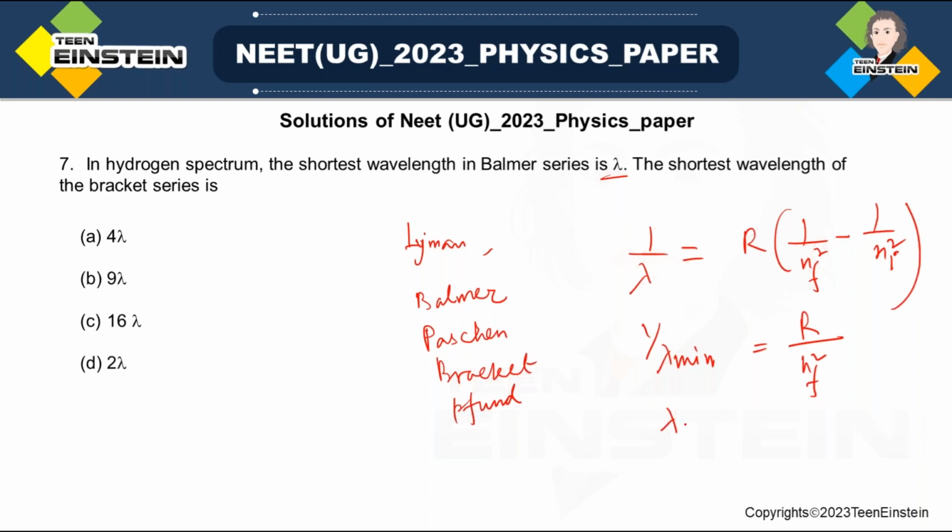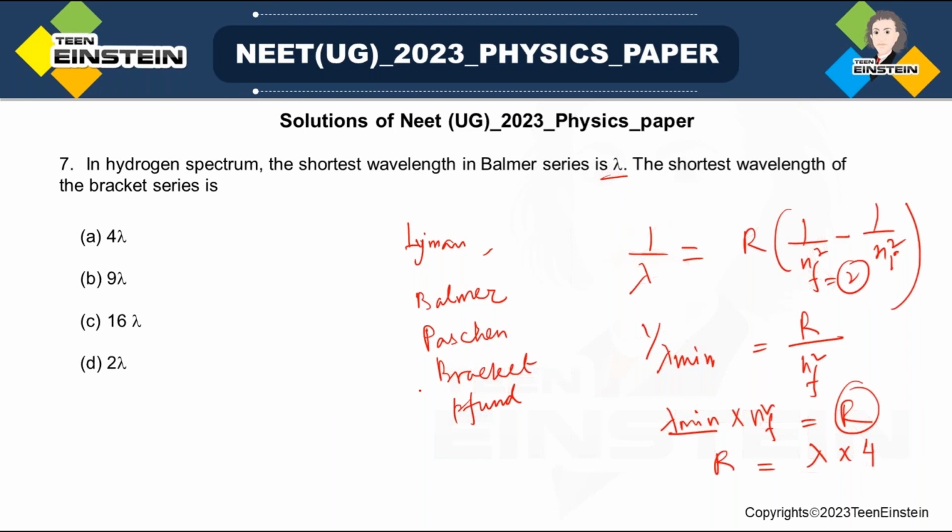If we write this as lambda minimum, we will be able to find out what is R. This is the Rydberg constant, which can be found from this information. And what is nf? In the Balmer series, nf is always 2, so it will be 4. So R is 4 over lambda.